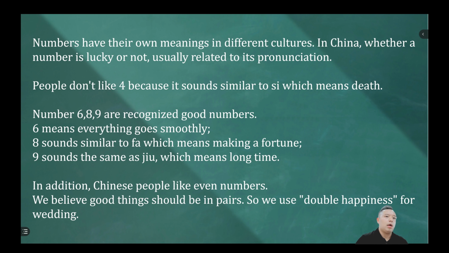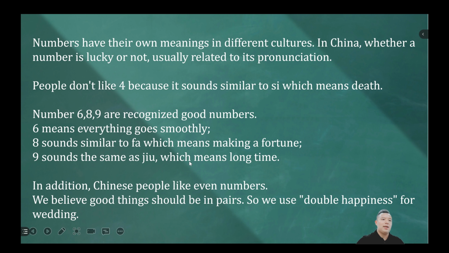People don't like number 4. However, numbers 6, 8, 9 are recognized as good numbers. 6 means everything goes smoothly, like 六六大顺. That's what Chinese people say. 8 sounds like 发. Everybody wants to make a fortune, right? Want to make a lot of money. So everybody likes 八.